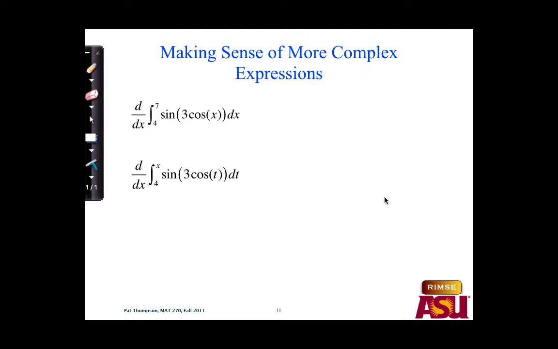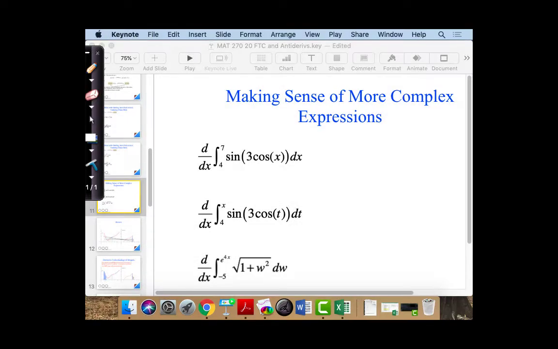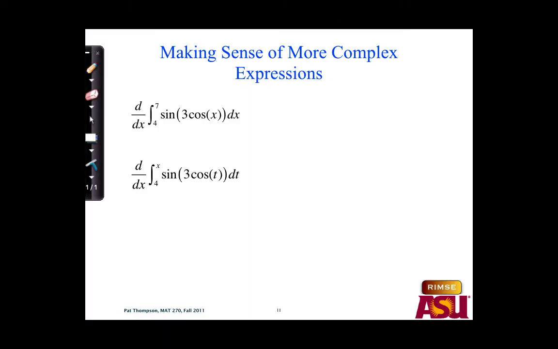We can get a long way with just symbols and thinking about things, even if I don't know how exactly this accumulates. I know that in this case, this is just representative of some number. And if I take the derivative of some number, it's 0. Now in this case, it's not a number.